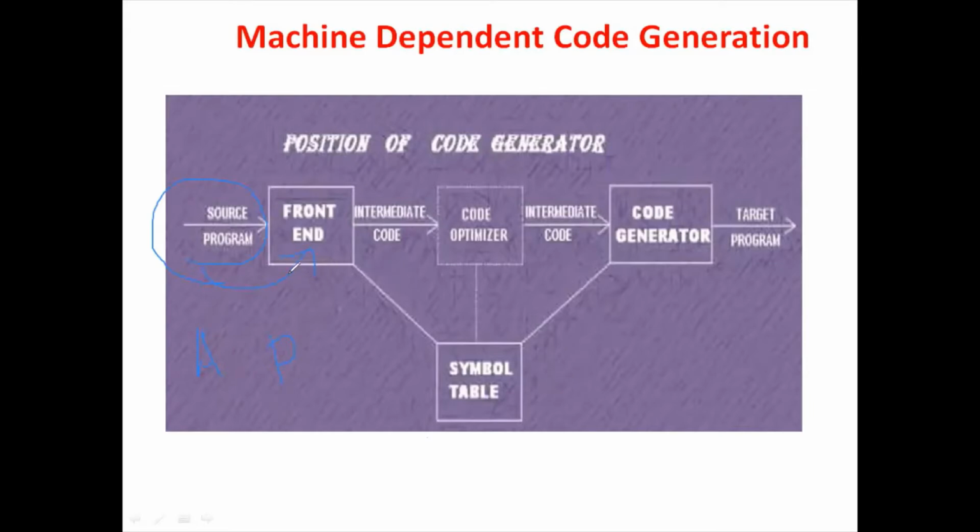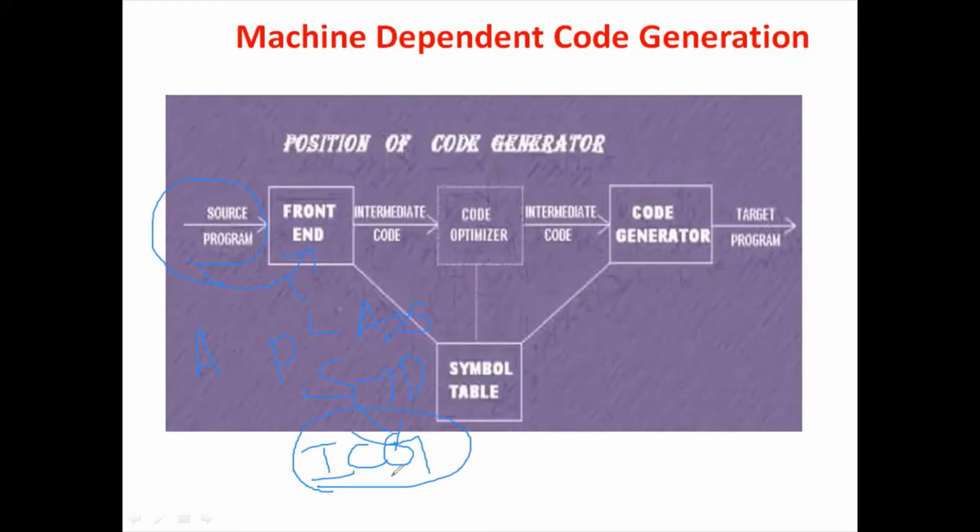In the lexical analyzer, you are scanning the entire source program. In the syntax analyzer, you are checking the parse tree for the given program. The semantic analyzer checks the errors in the given source program. Then the output goes to the intermediate code generator, which is the intermediate representation.